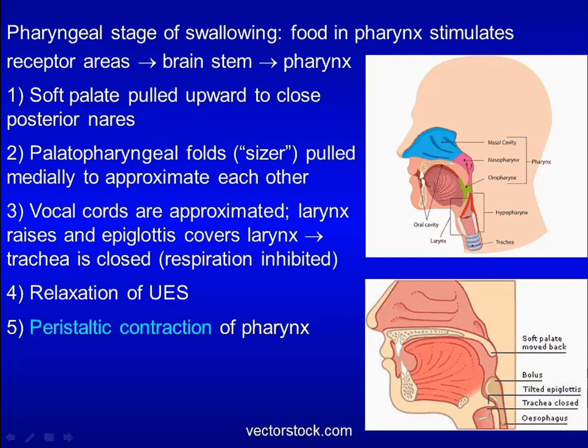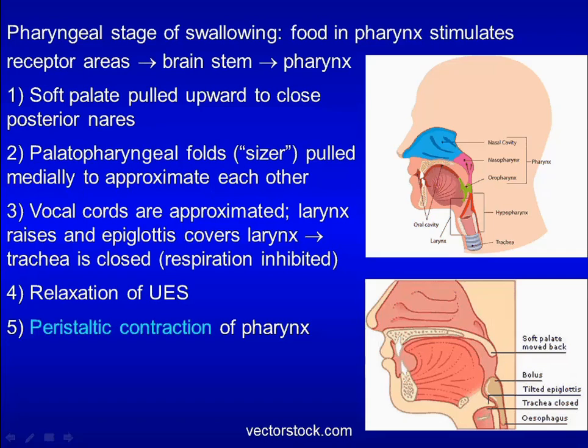The palatopharyngeal folds, which are not shown in this picture, are pulled medially to approximate each other to form a slit. Only a bolus small enough can pass the slit with ease.